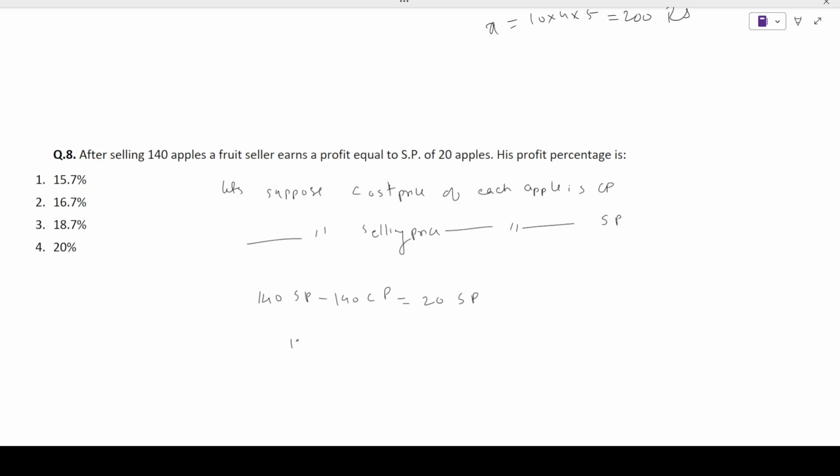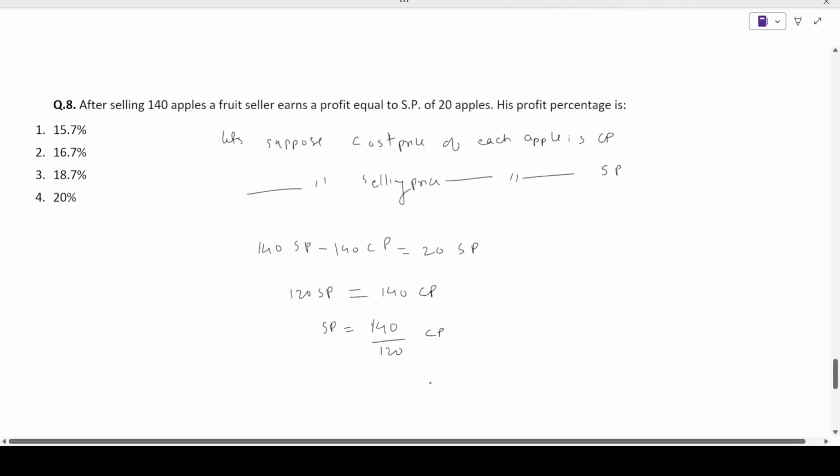So we have 120 selling price is equal to 140 cost price. So selling price can be written as 140 upon 120 times of cost price.